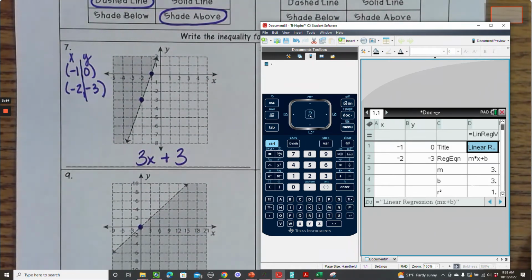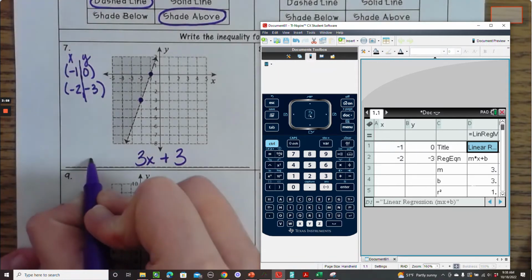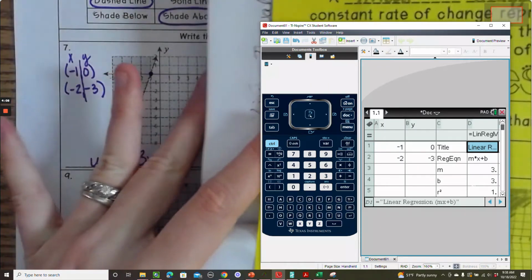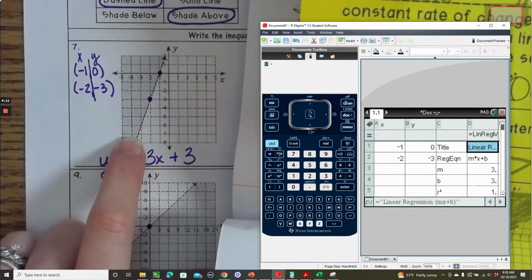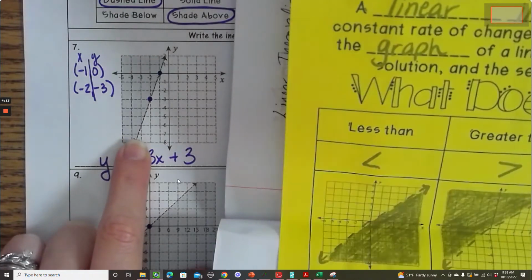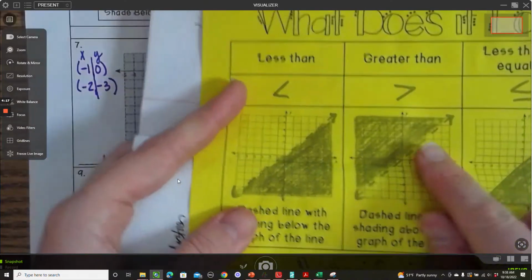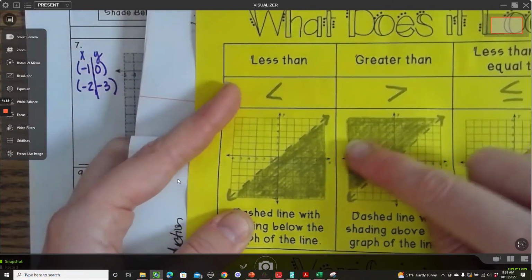But this is an inequality, so I'm not done yet. We know a y is going to be over here. So again, you can look at those pictures on the notes from last night and match up. This line is dashed, so I'm looking for a dashed line and then the shading over here. Here's a dashed line and the shading over here.